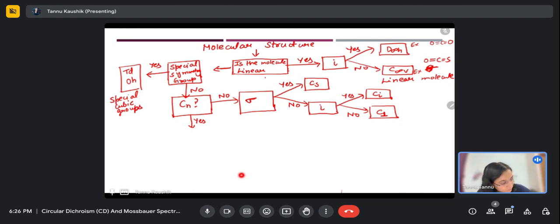So these are non-rotational point groups, CS, CI, C1. So here, if a molecule has only sigma plane or only inversion center, or none of these, then it will belong to non-rotational groups, which are CS, CI and C1 respectively.